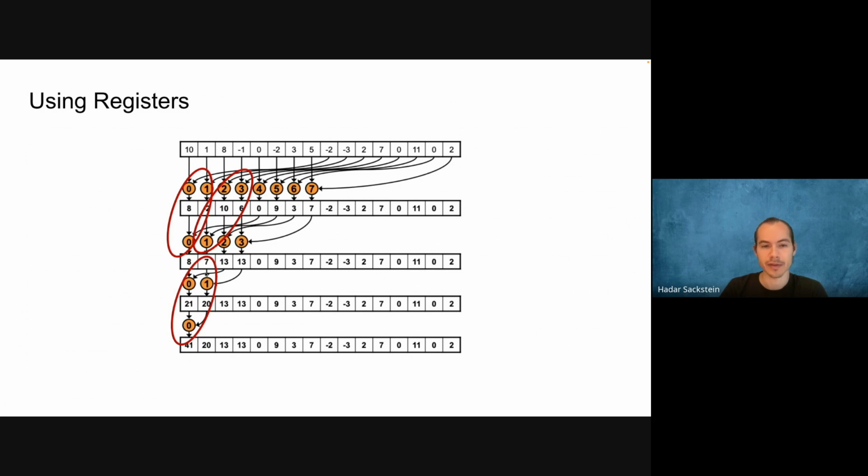Take 4 elements per thread, do 3 additions and write, and skip this stage and this stage. Then you make more use of the register space, which can save you memory bandwidth.